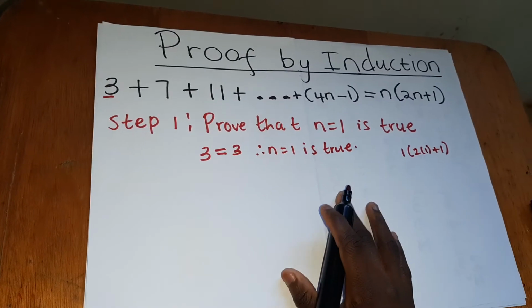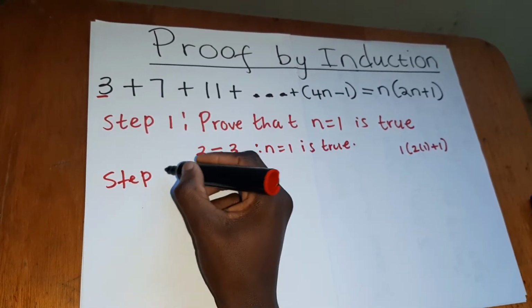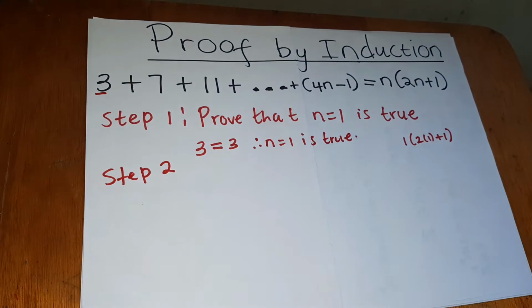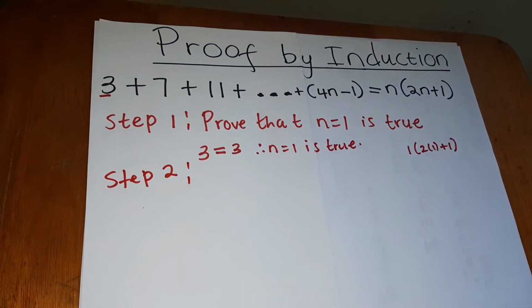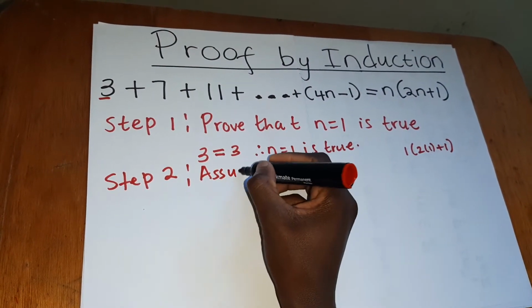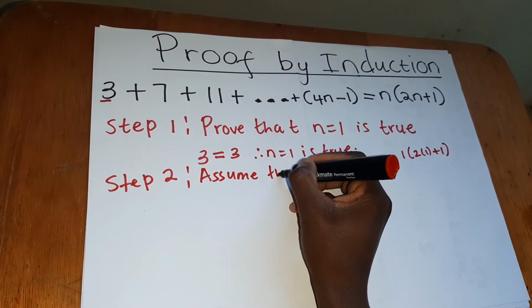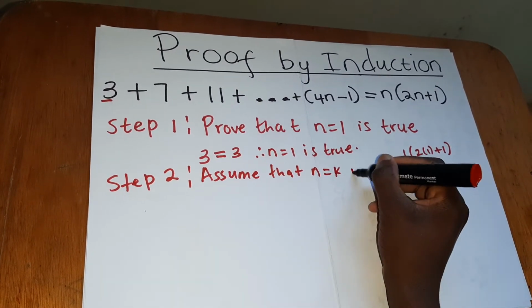Now we are moving forward to the second step. Step number 2, we assume that n is equal to k is true.